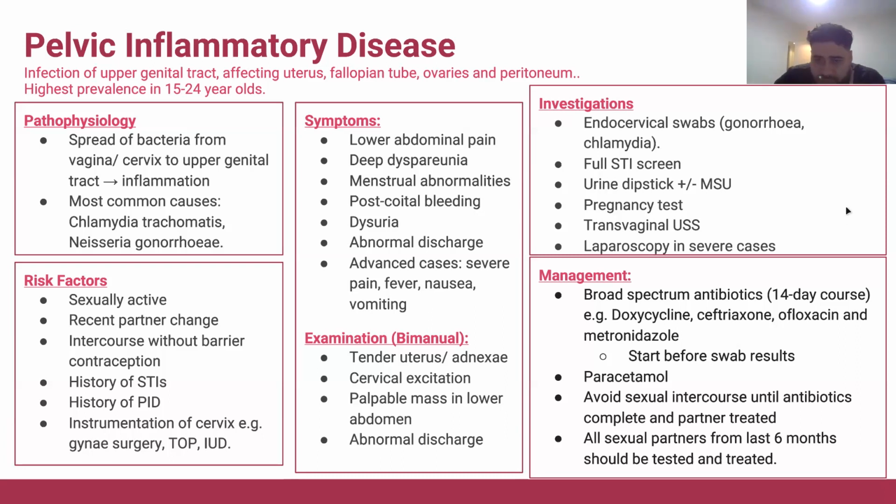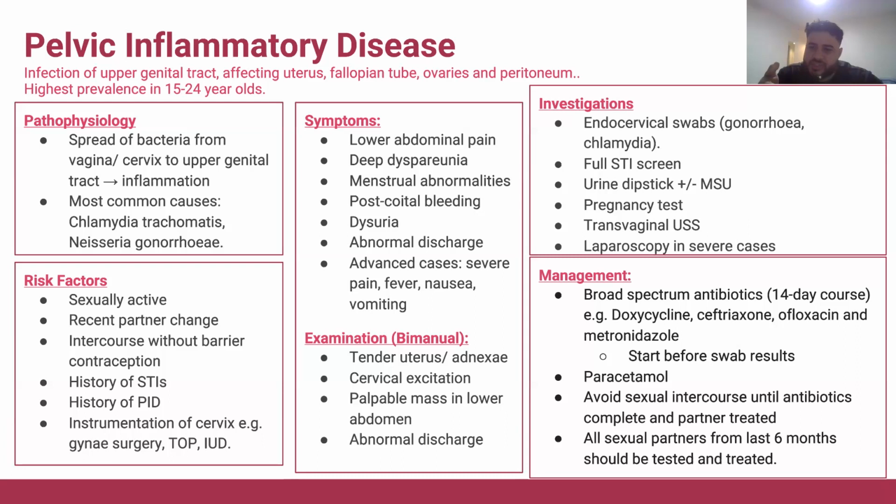And in terms of management, it's typically just sort of clearing the STI, for example, that may have caused it. So you may do a 14-day course of broad-spectrum antibiotics. It may be, so for example, a combination of doxycycline, ceftriaxone, ofloxacin, and metronidazole.